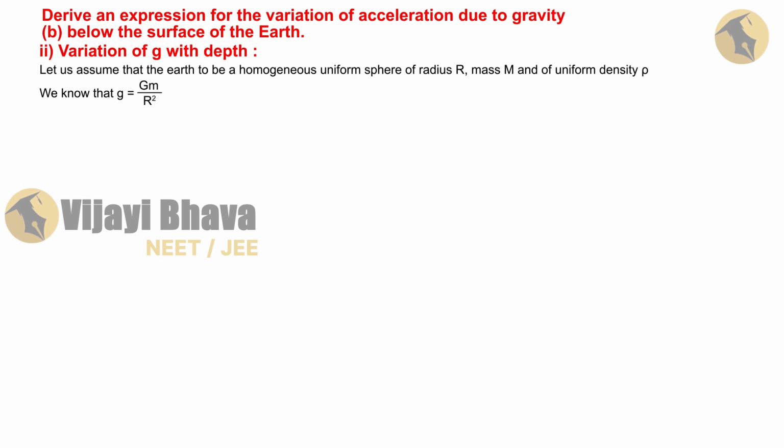Also, from the definition of density d is equal to m by v, we can write mass M is equal to volume into density. Since Earth is considered to be a homogeneous uniform sphere, the volume of Earth can be taken as 4 by 3 pi R cube, where R is the radius of the Earth and rho the density of the Earth. Thus, mass M becomes 4 by 3 pi R cube into rho.